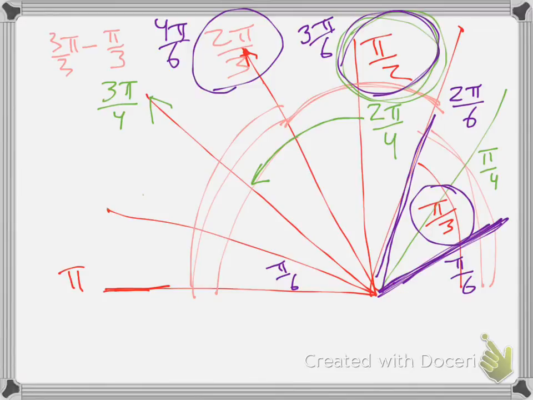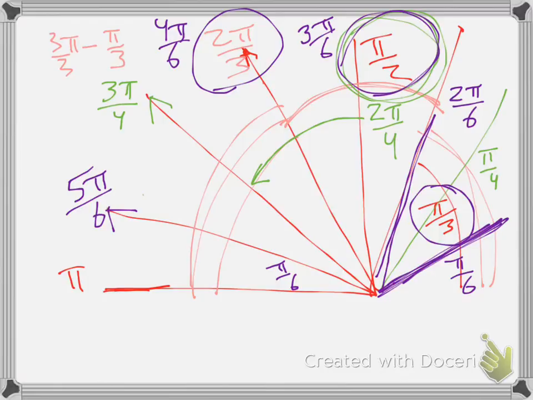Because 30 degrees goes into 60, if I just keep counting and reducing, I get some of these other angles. And then I add another 30 degrees, and I'm down here, which is 5 pi over 6.